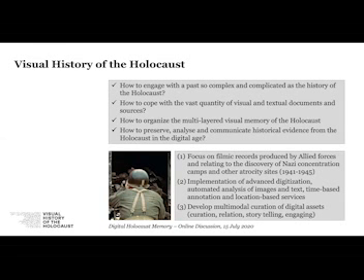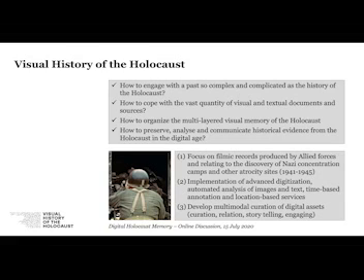The basic material of the project are the filmic records produced by the Allies when discovering Nazi concentration camps and other atrocity sites. These films will be digitized, or digital copies will be collected all over the world.